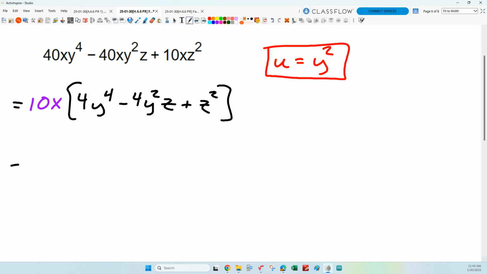So now we've got our 10x out front. This is going to give me 4 times, what's y to the 4th going to convert to if I change to u? U equals y squared. U squared.